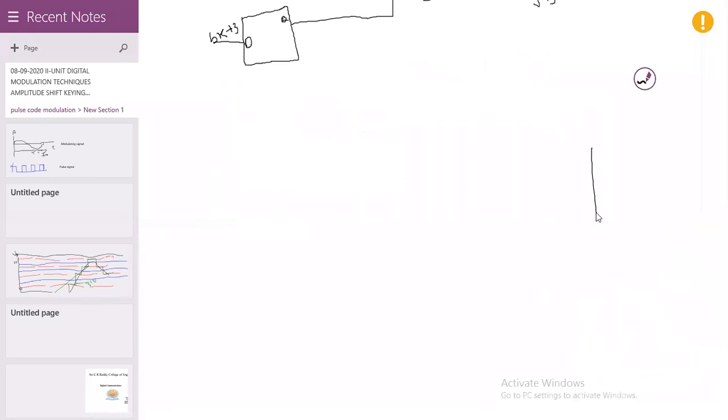So in 64 QASK, this is the U1 of t, orthonormal coordinates. This is U2 of t. In each quadrant there are 4 by 4 points.